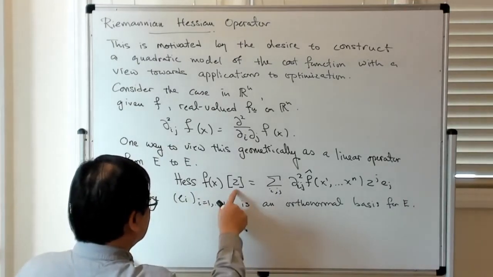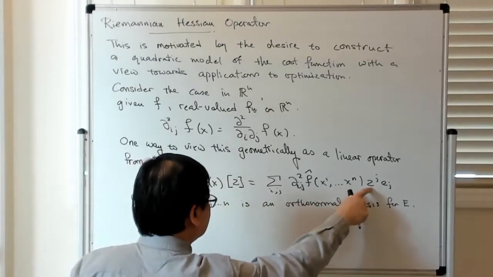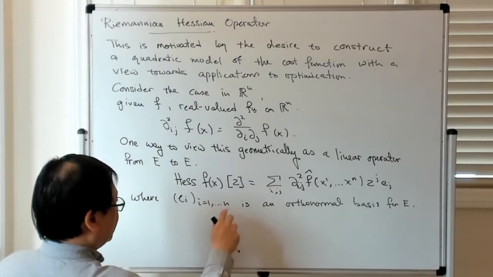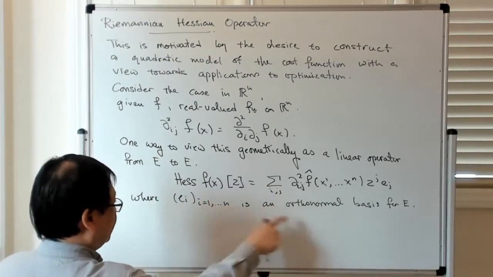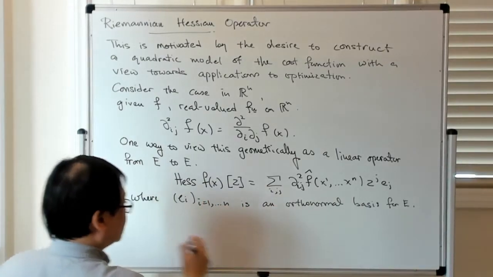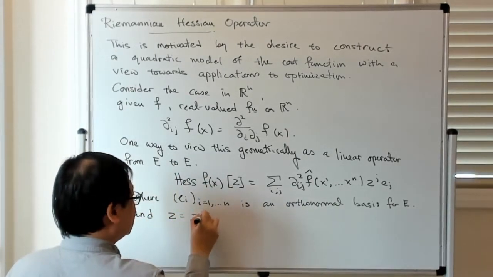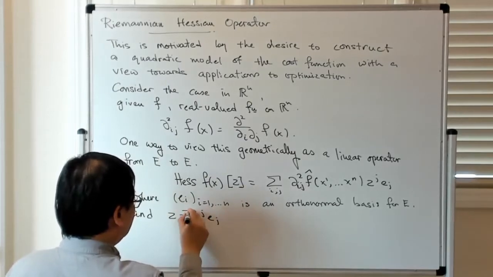So z is going to be, so the z super i, as you might expect, are the coordinates with respect to this basis, and z is equal to the sum over j of zj ej.